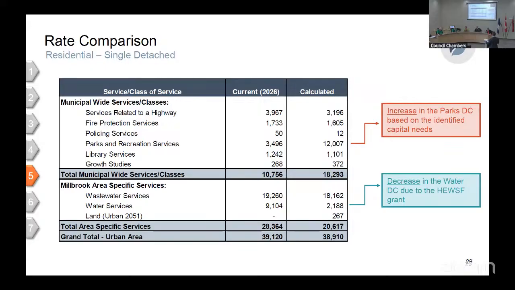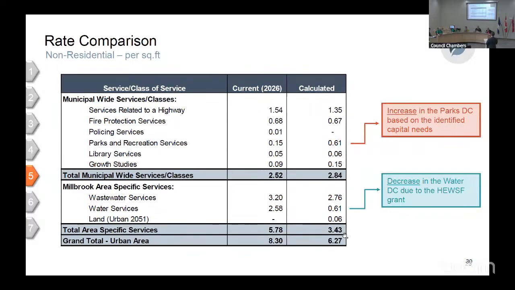On the flip side, when we look at the water and wastewater services, because of the Hughes funding that you received, we were able to reduce the water charge quite significantly. And so overall, if you're building in the urban area, your charge is actually going down slightly from $39,120 down to $38,910. Next slide, please.